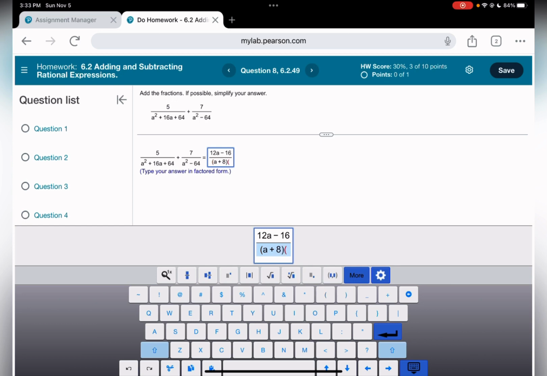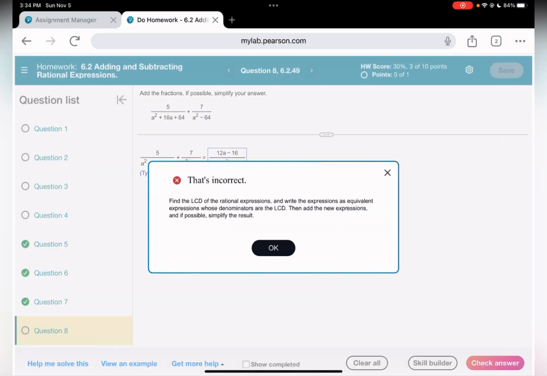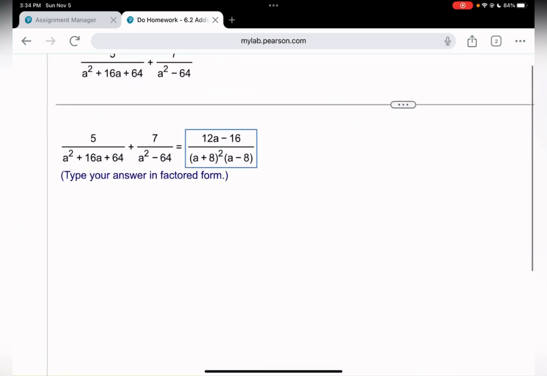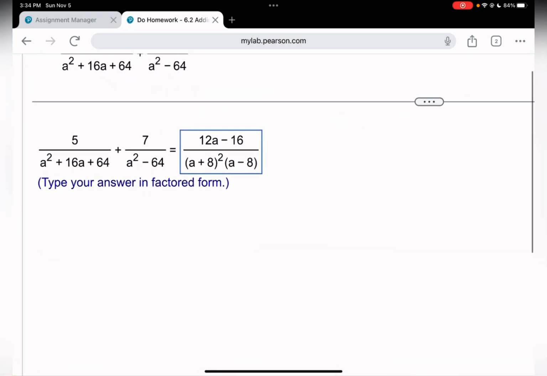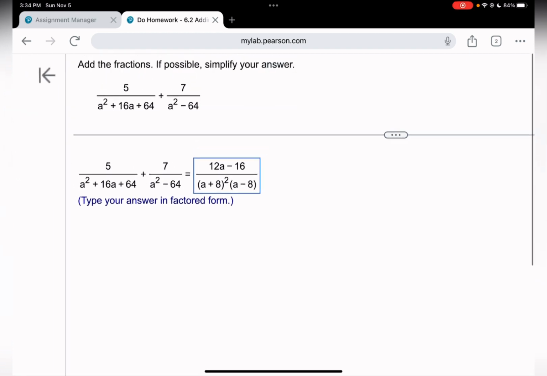Oh, a plus 8, I can make it square. And another parenthesis, a minus 8. And square. Let's see. What is wrong? 12a minus 16.